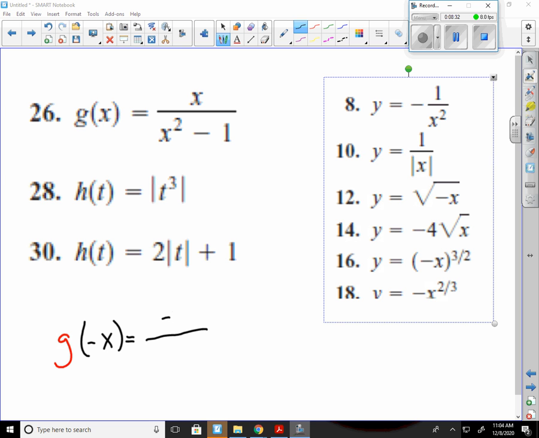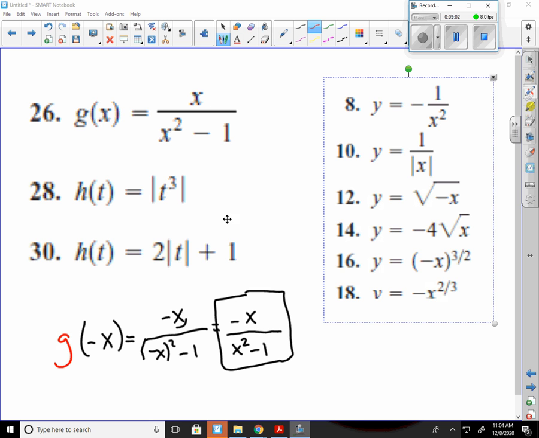So this is now a negative x on the top, and negative x squared minus 1. Negative x on the top stays negative. On the bottom, this negative x squared becomes positive x squared. And that's our answer.